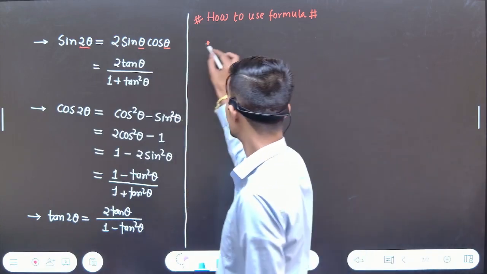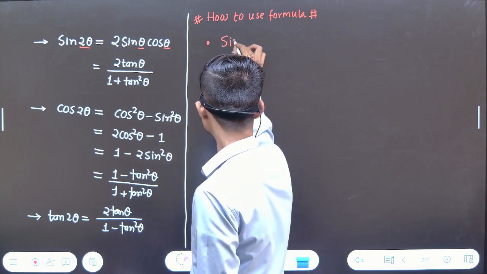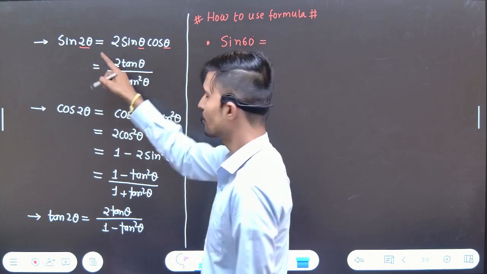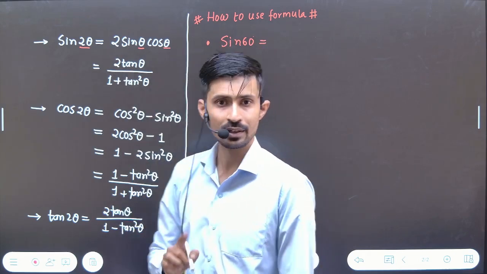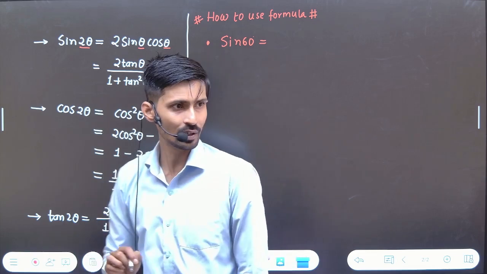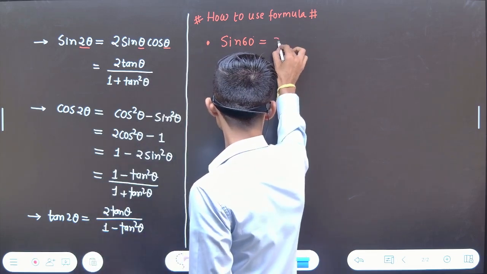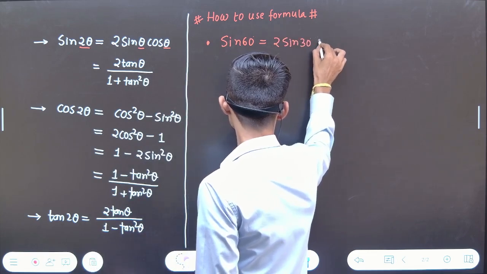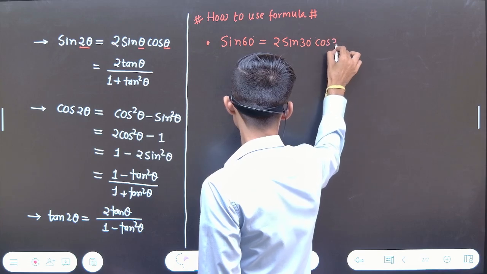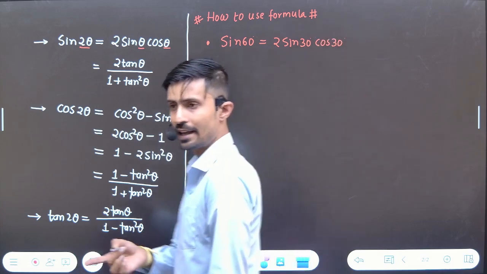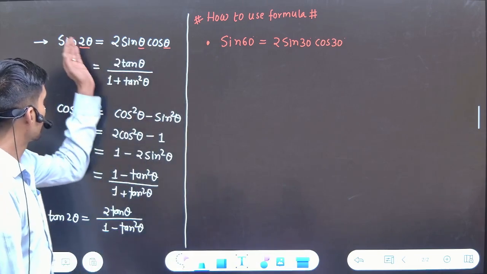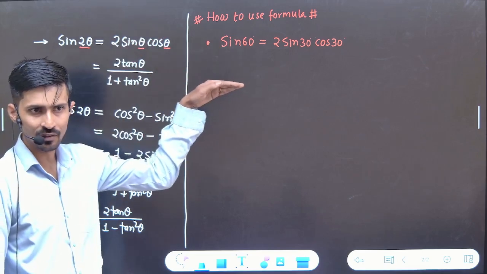So if I write here sin 60 degree, what will be theta from there? 30 degree. So this will change to sin 30 degree into cos 30 degree. Means the angle is getting half. If you see from left to right, the angle is getting half.